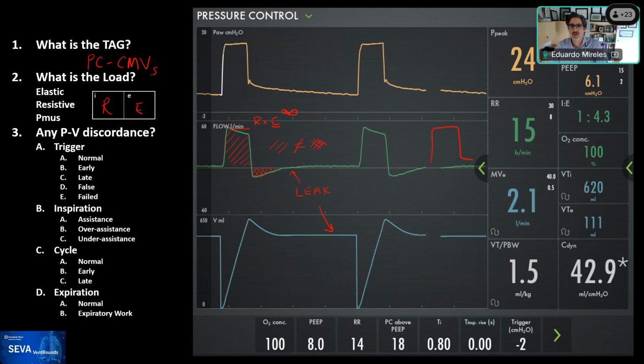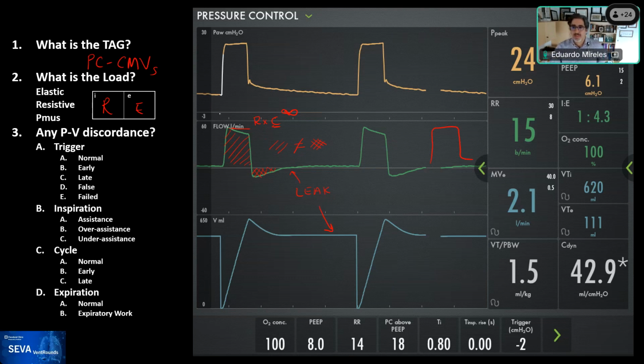So now let's look at the PV discordance. Trigger, what do you think about the trigger? Normal, early, late, false, failed. Good.